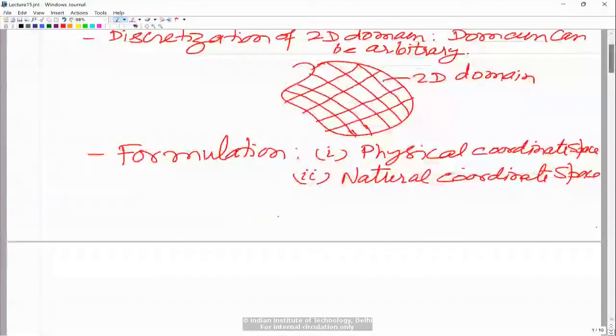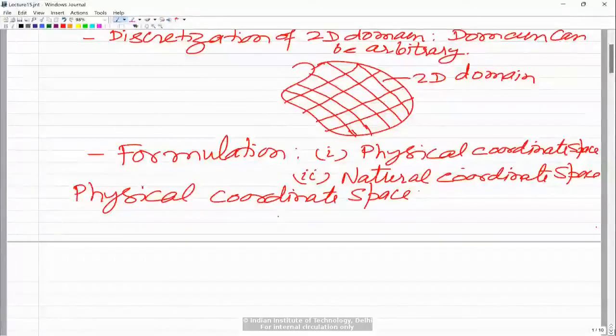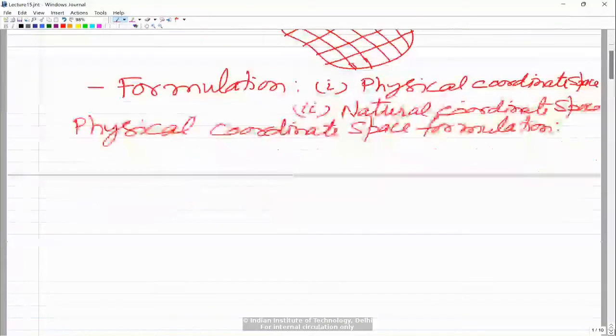I will first discuss the different types of elements. Earlier, in 1D problems, the element was actually a line that you were discretizing.